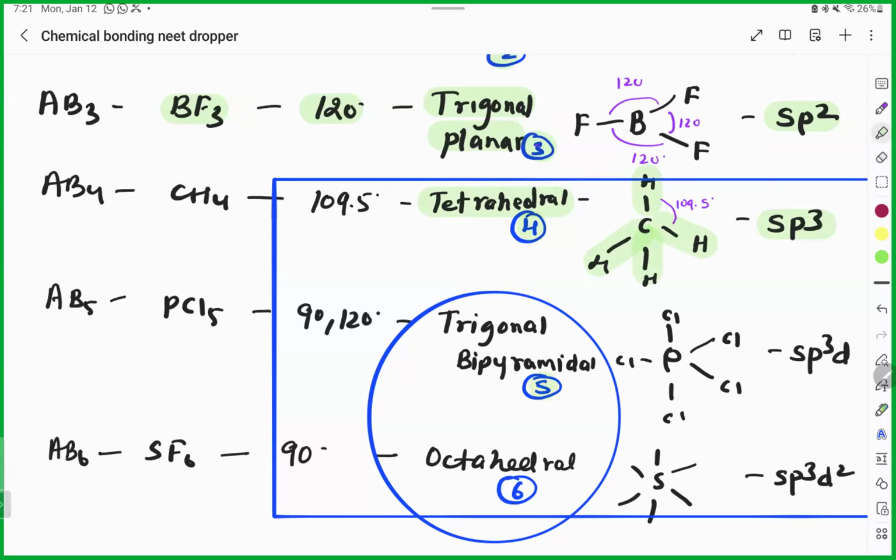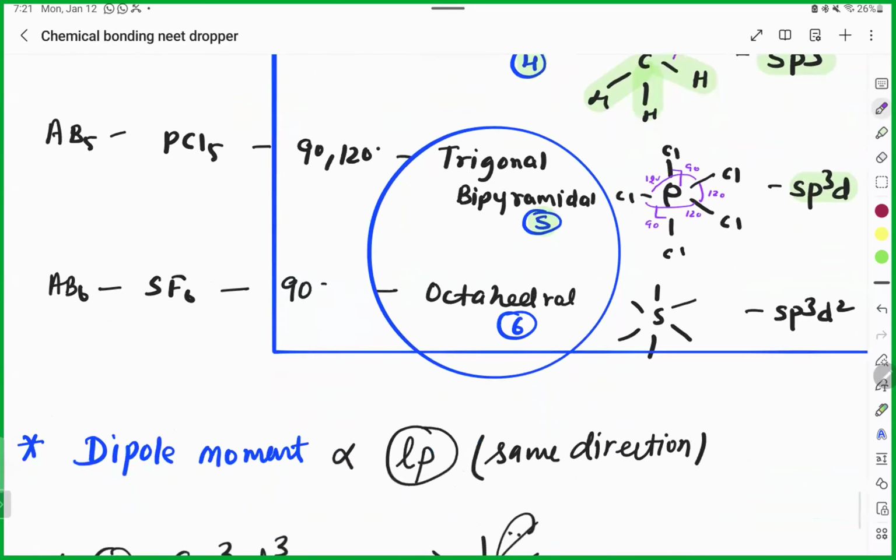Hybridization number 5 will be sp3d. If you see these three angles, they will be 120, 120, 120. And if you see up and lower, it will be 90 and 90. Bipyramidal is 90, 90. Last, at number 6, it will be sp3d2.